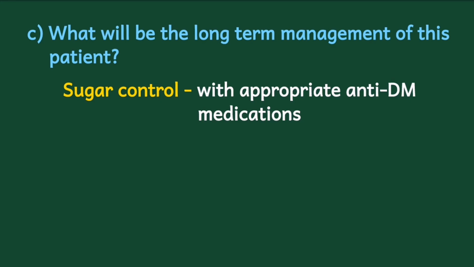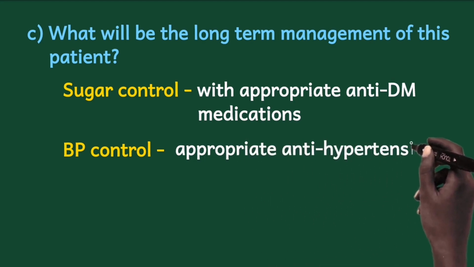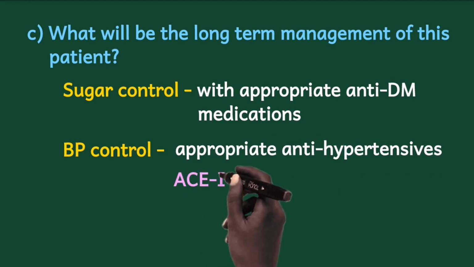And then the next is BP control. We are with the complications right now, and so BP control, you control the blood pressure with appropriate antihypertensives. And then typically here, the antihypertensives we use include ACE inhibitors like lisinopril, or angiotensin receptor blockers like losartan.